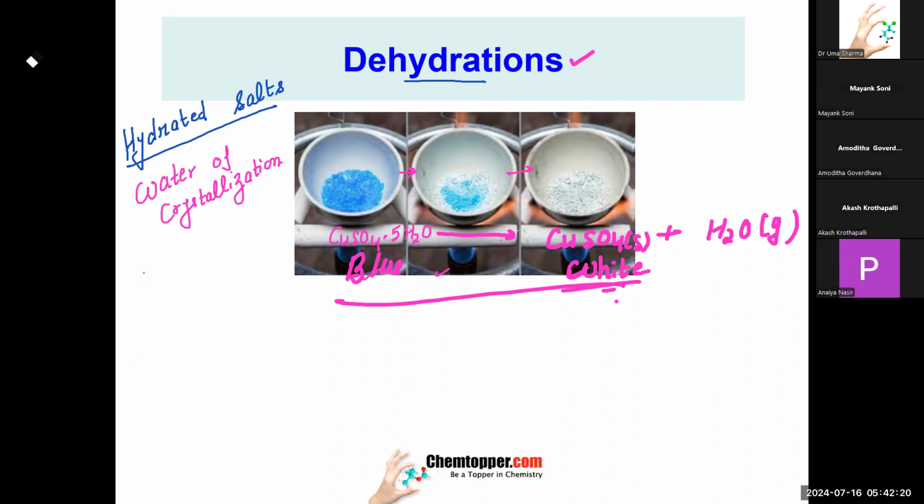You remember when you purchase a new water bottle, there is a gel in a small packet inside the bottle. What is the aim? To remove the water moisture from the bottle. So they are dehydrating agents. I think that is silica gel. Silica gel will remove water vapors from the bottle which is totally closed.